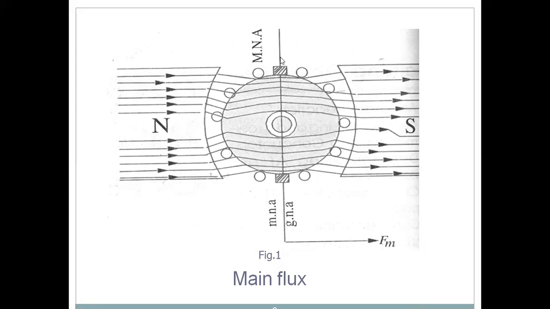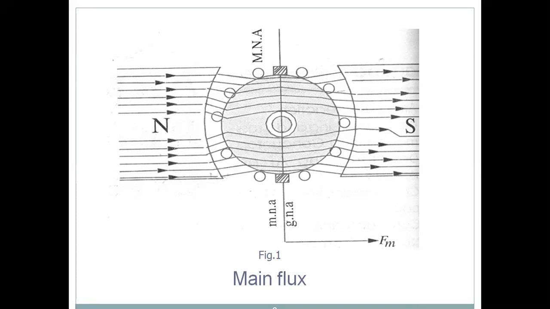The axis where the brushes are placed is called magnetic neutral axis. That name itself gives a clear explanation. Magnetically, it is neutral axis. It is not under the north pole, it is not under the south pole.